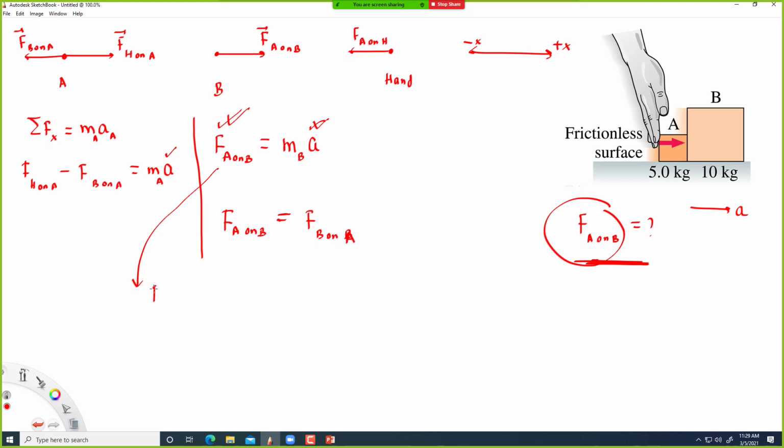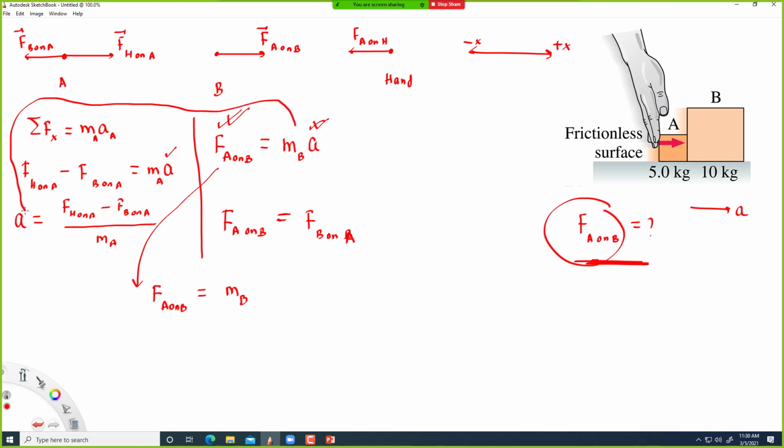So we have F A on B, which is what we want to find, equals M B a. Replace this a by this. So we can write a is equal to F H on A minus F B on A, over M A. The reason I'm doing this is because I want to get rid of that. Okay. So now you substitute that here.